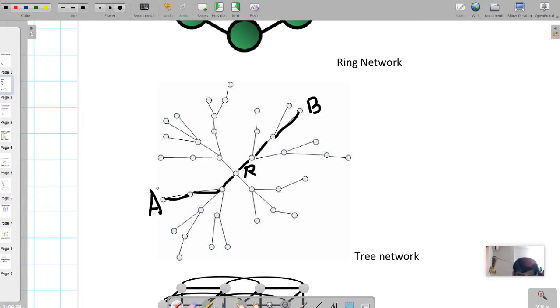So for the time being, you can say that processor A and processor B are busy. However, other nodes are free. They are doing nothing for the time being.